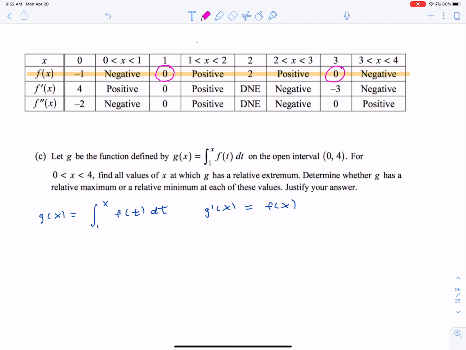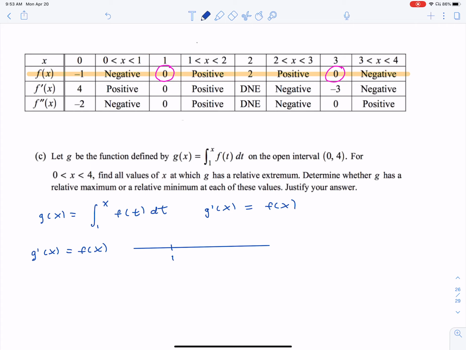Now, let's see what's going on for these. Let's make a sign chart, as always. So my sign chart for g prime of x, which equals f of x. Sign charts, they don't look at them, so me being super precise here doesn't matter, but I like to be precise anyway.